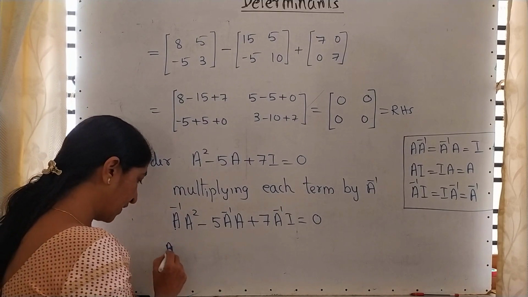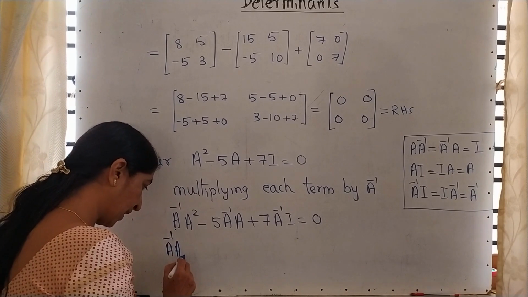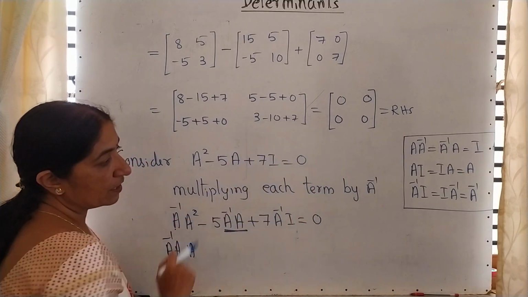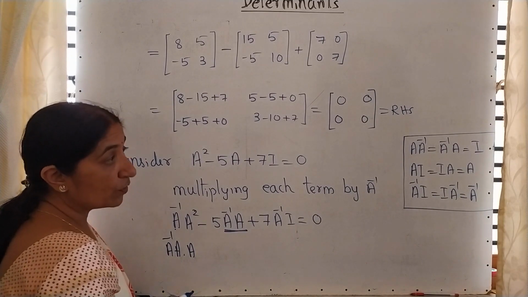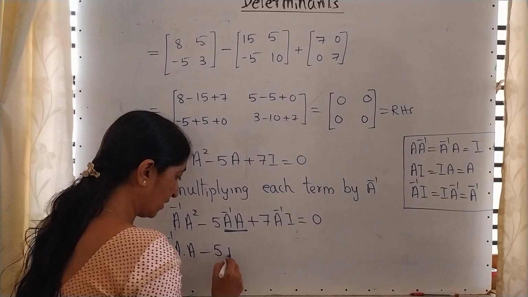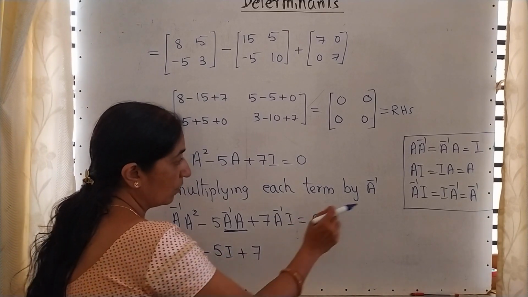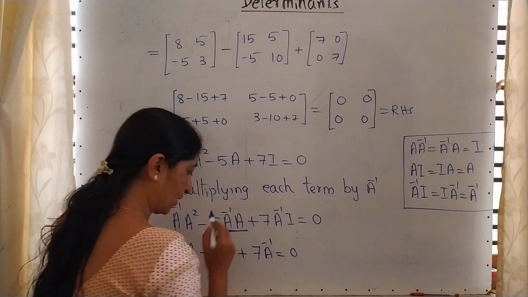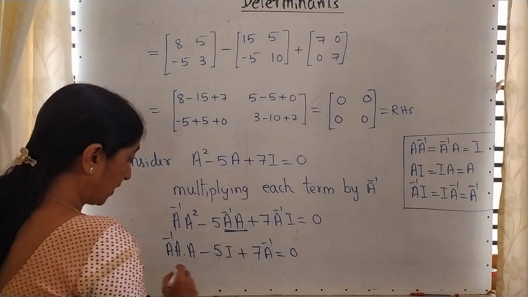Now here this I am splitting as A inverse into A. This A square I am splitting. And what about A inverse into A? See that side. A inverse into A. A inverse into A is I. Minus 5I plus 7. What is A inverse into I? A inverse into I is A inverse. I means identity matrix. And come to here.